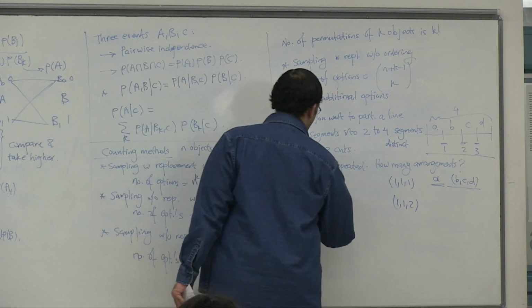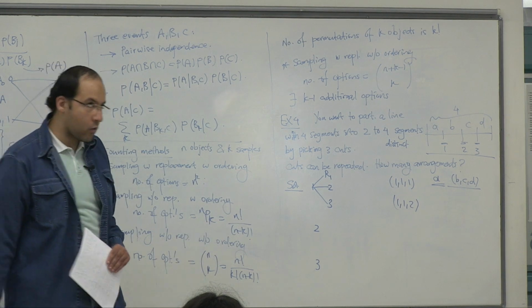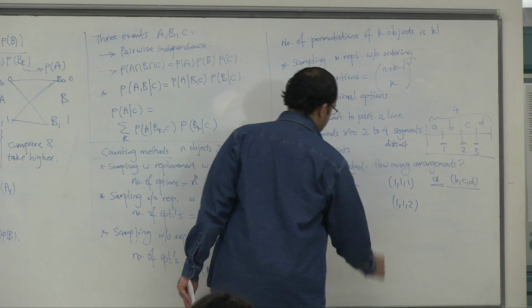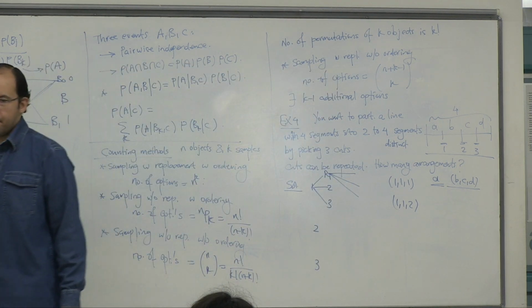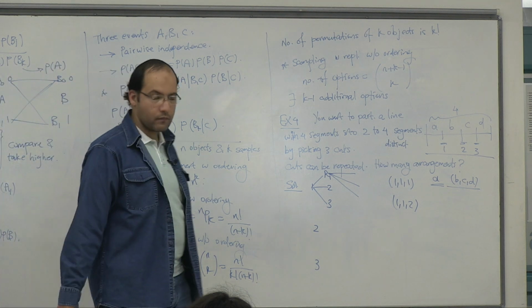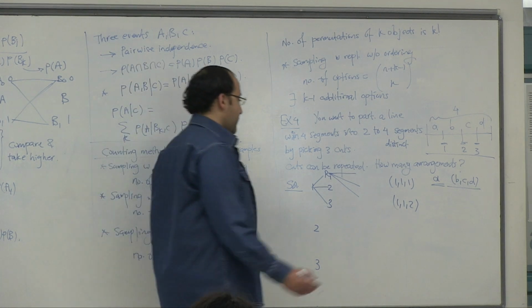And then it's R1 or 2 or 3. If you pick 1 followed by R1, what are the options and how many options do you have next? You can repeat again, or 2 or 3, right?